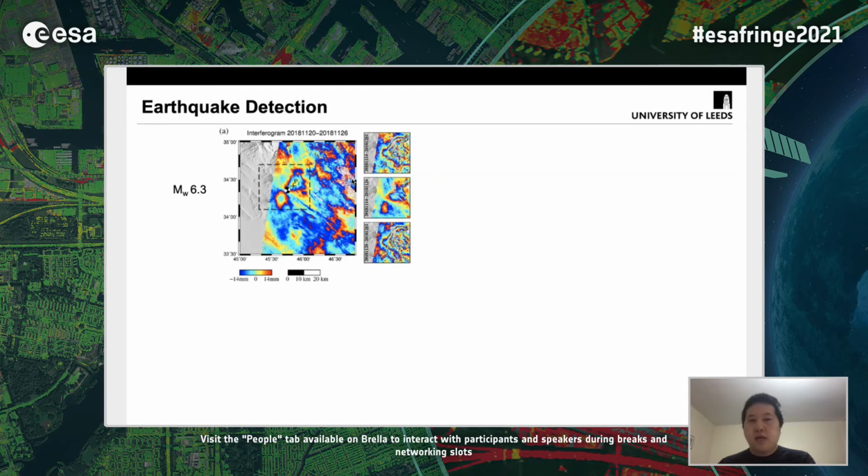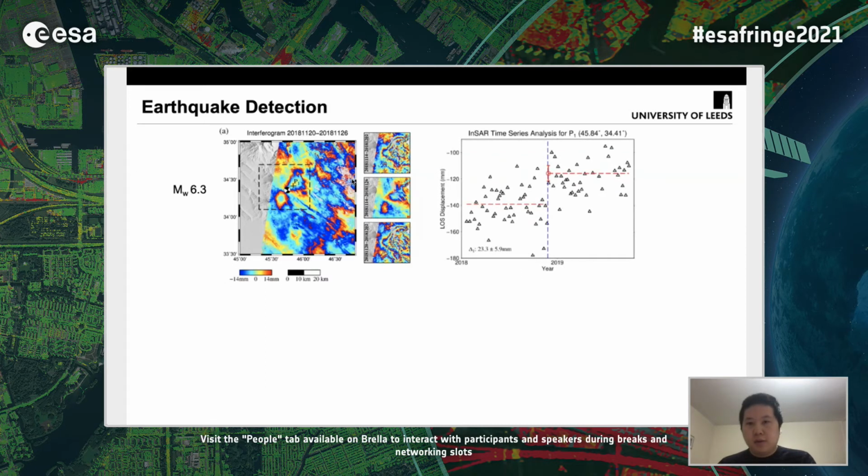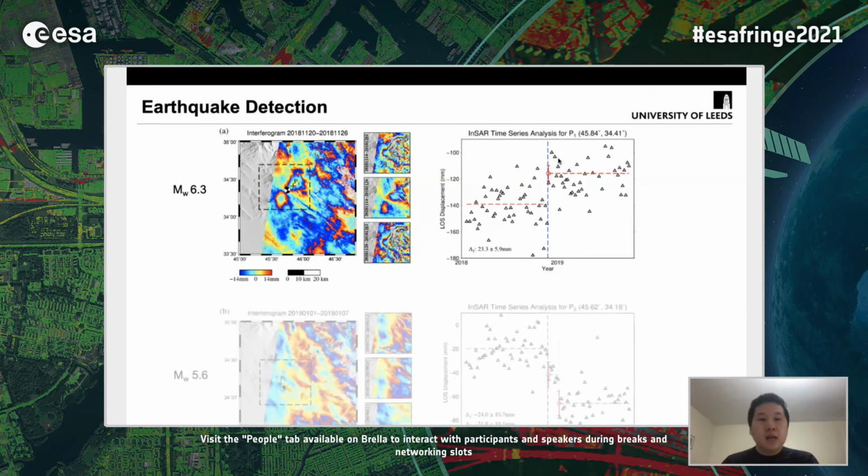As we can see here, this is already a visible earthquake on a single interferogram. Accordingly, we can observe the co-seismic offset for this peak displacement pixel P1. The event time is indicated by this blue vertical dashed line. To help illustrate the co-seismic offset, we fit the data with a simple step function, shown by the red horizontal line, and the error bar shows the uncertainty of the co-seismic phase.